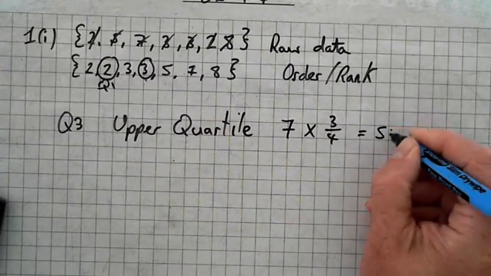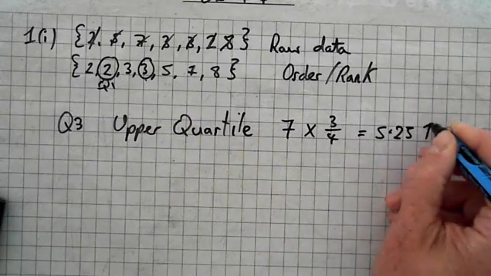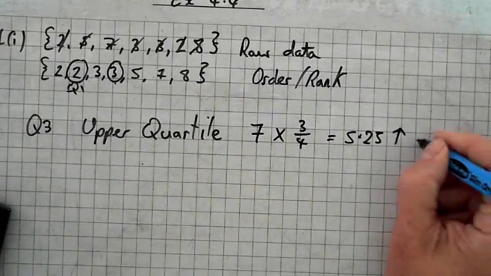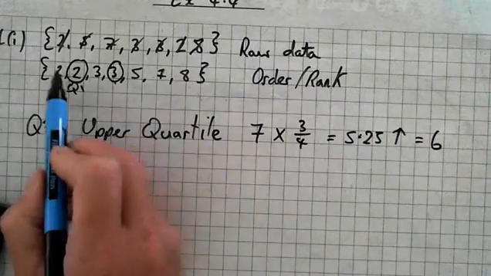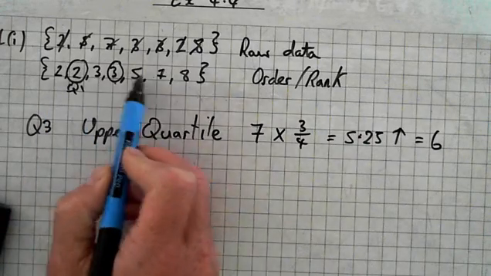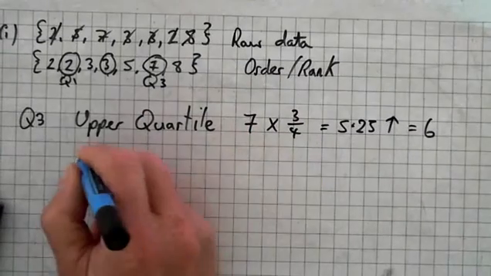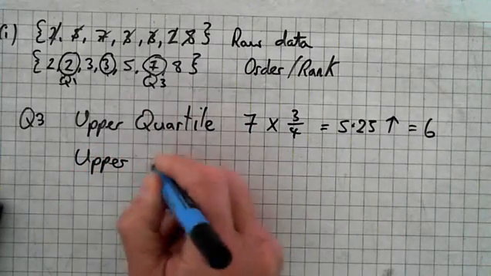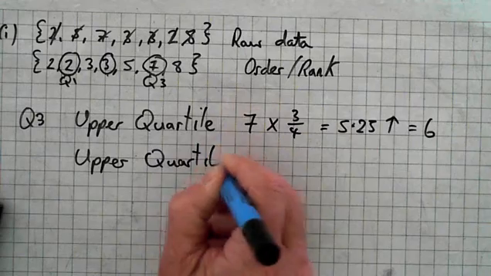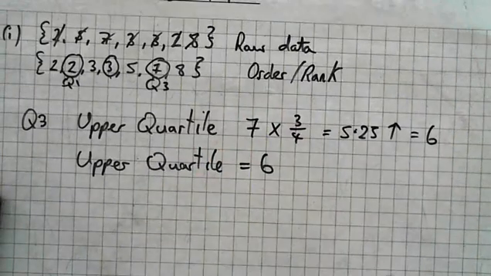What do I do with 5.25? Round it up to 6: 1, 2, 3, 4, 5, 6. Q3, the upper quartile, is equal to 6.